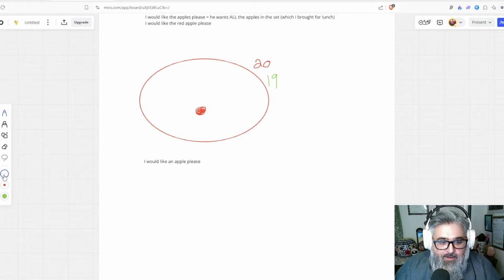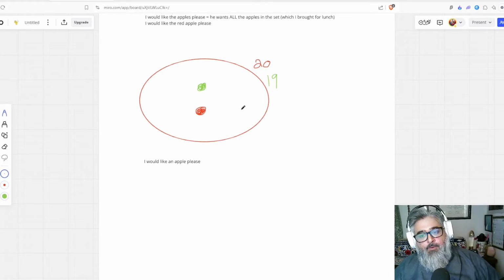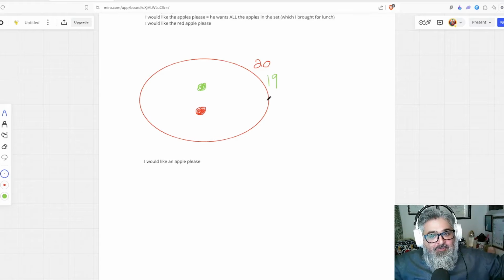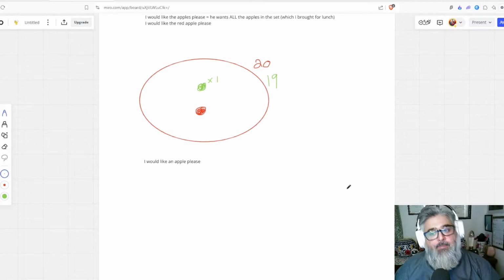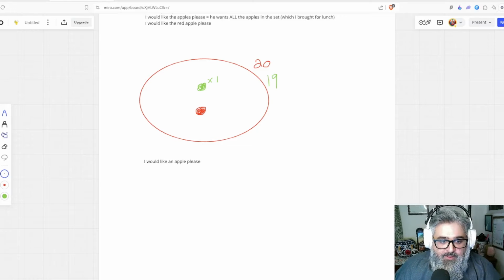But let's presume for a minute that he doesn't want the red one. He wants a green apple, right? So there are 19 green apples, but he just wants one green apple. That's it. He just wants one green apple. What is he going to use?